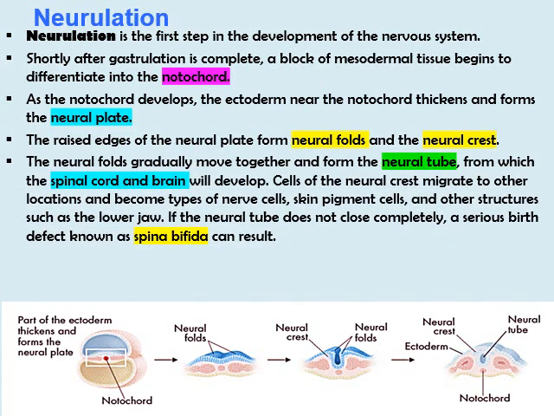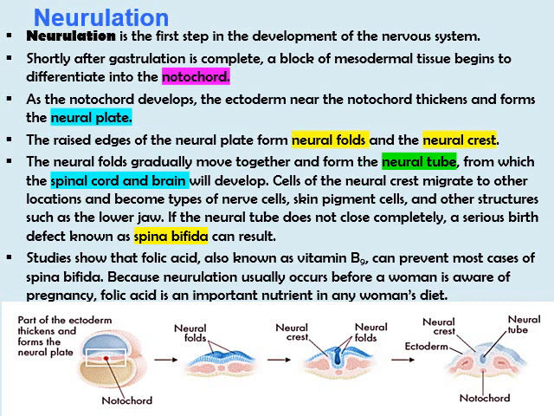Then the neural folds gradually move together and form the neural tube from which the spinal cord and the brain will develop. Cells of the neural crest migrate to other locations and become types of nerve cells, skin pigment cells, and other structures such as the lower jaw. If the neural tube does not close completely, a series of birth defects known as spina bifida can result.